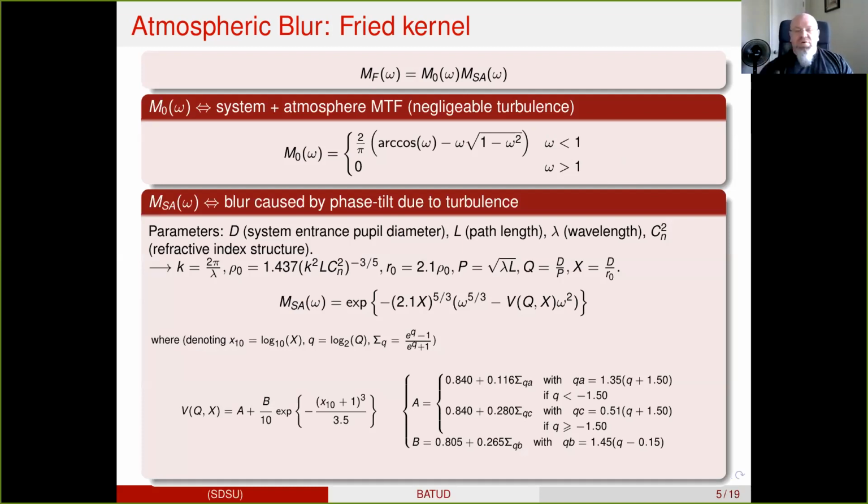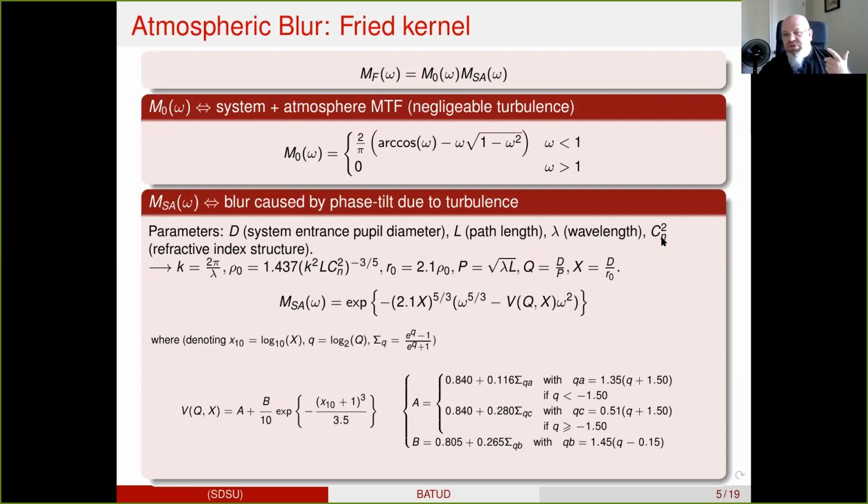For this one, there are 4 different parameters. The first one is D, the pupil diameter of your imaging system. L is the distance between your camera and the target. Lambda is the wavelength your system works at, visible, infrared, whatever.